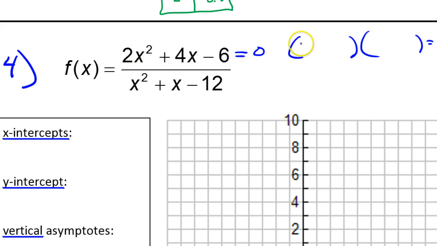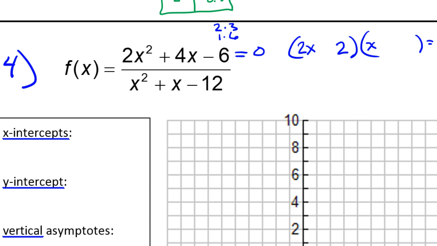Okay, so 2x squared can only factor as 2x times x. 6 could either be 2 times 3 or 1 times 6. I'm going to try the 2 times 3 first, but I know better than to put the 2 here. That would cause a, well, you know what? Let me stop there. I started to say there can be no GCF here inside the parentheses if there's no GCF in the original problem.